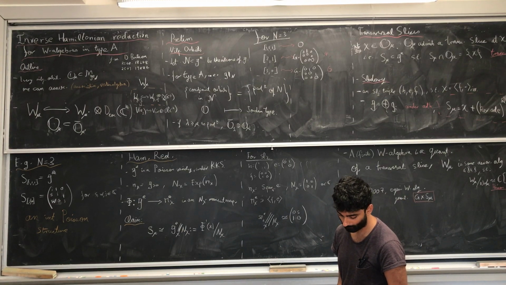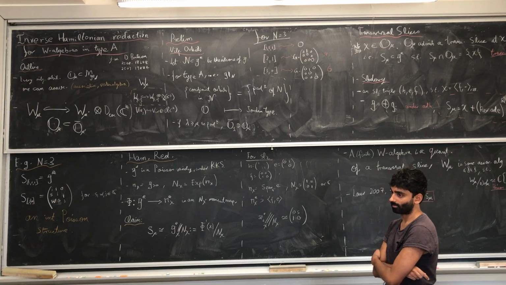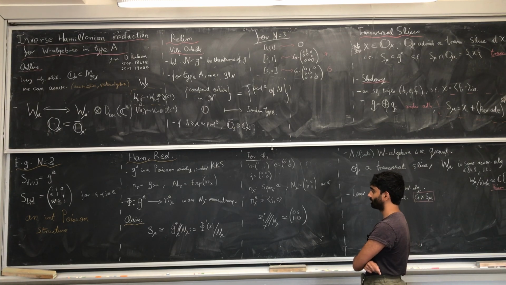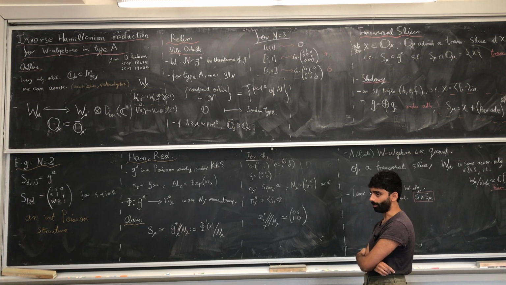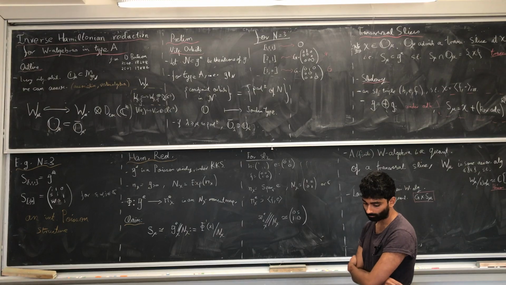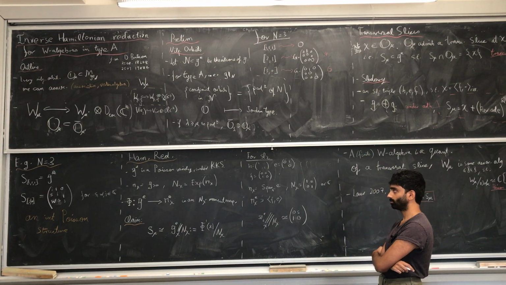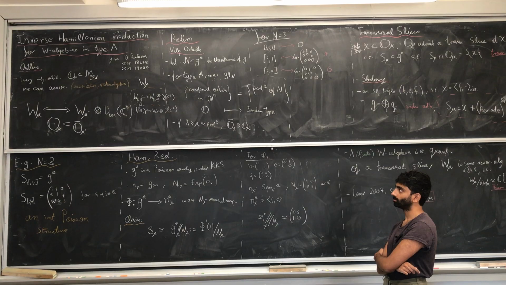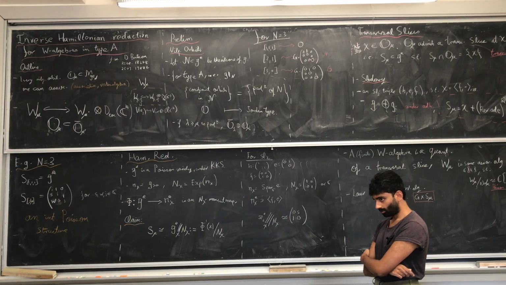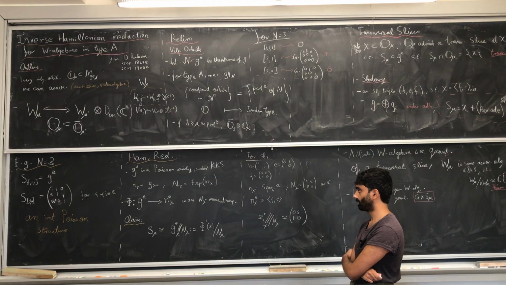Because DS reduction is like you write some BRST charge for some stuff and you take homology. And similarly, when you take Whittaker reduction by n, you can also write a BRST charge for that thing, take homology, and it looks kind of like truncated zero modes, or the same kind of format.